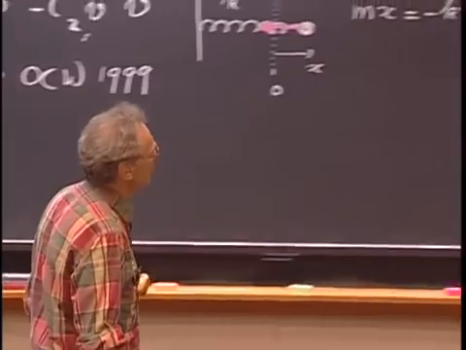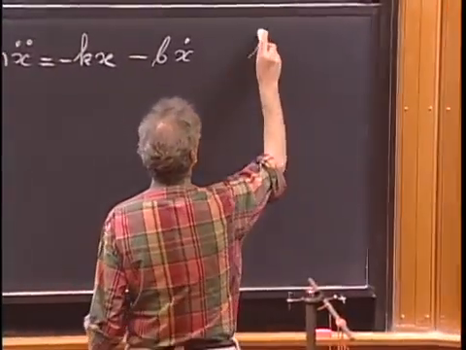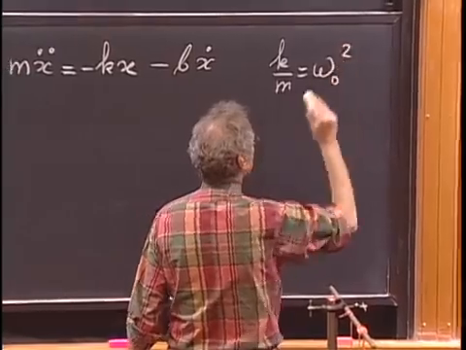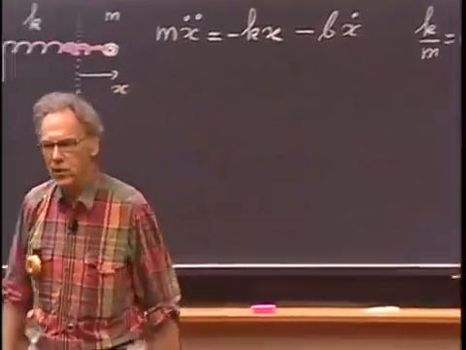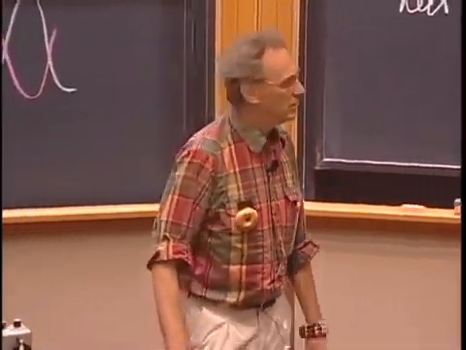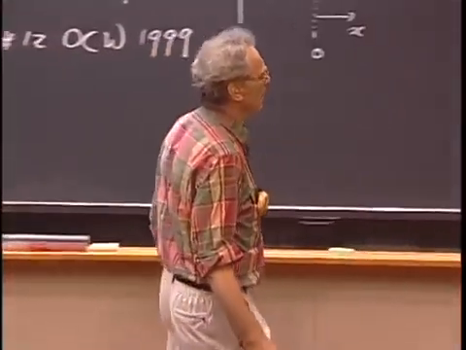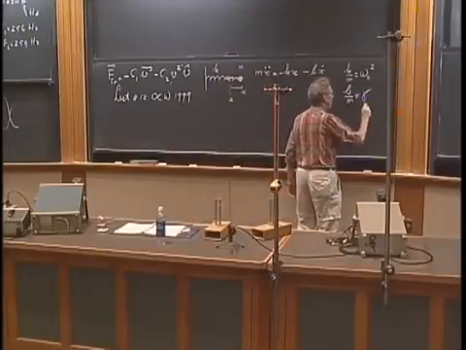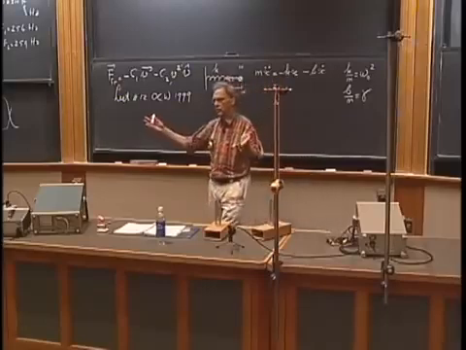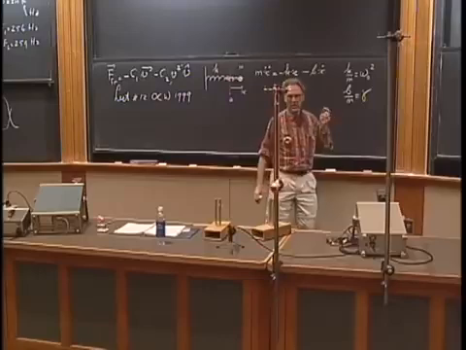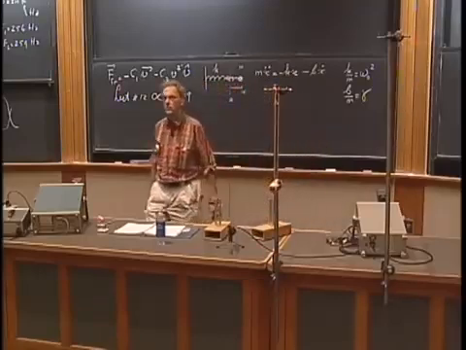I will introduce some shorthand notations that k over m is omega 0 squared. Remember, that is the angular frequency of a spring oscillating in the absence of any friction. We've seen that last time. And I will also introduce a symbol b over m equals gamma. That's also a tradition. Gamma has the same units as omega, seconds to the power minus 1.